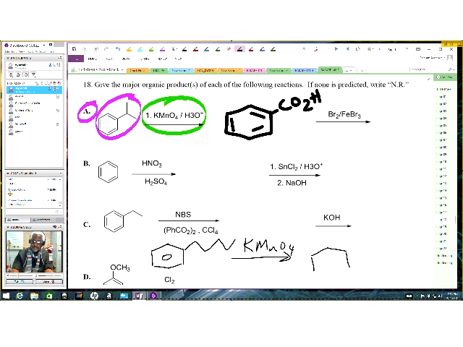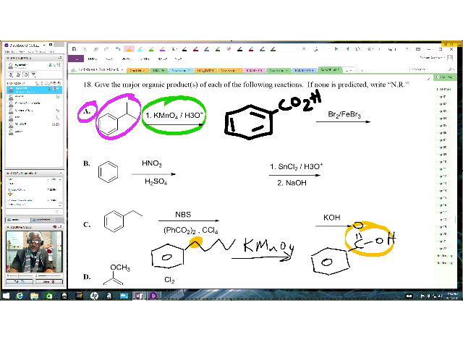No matter how long the alkyl group is, you will get this. You lose all of the carbon atoms in the alkyl group except the carbon that is attached to the benzene ring, and that carbon now becomes your carboxyl group right here.